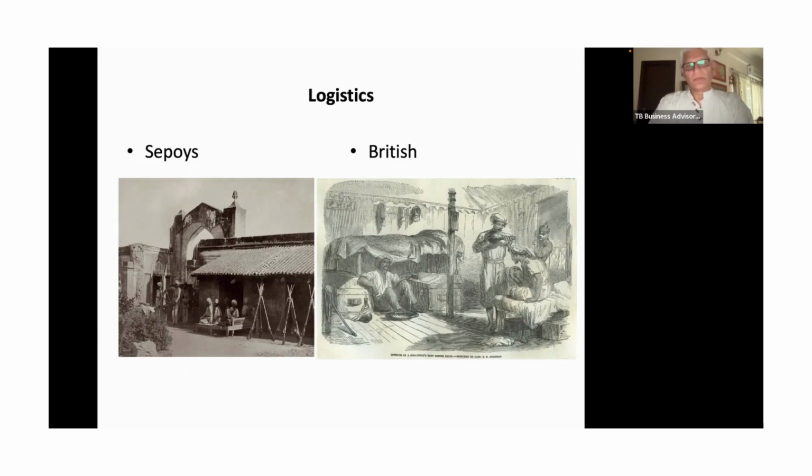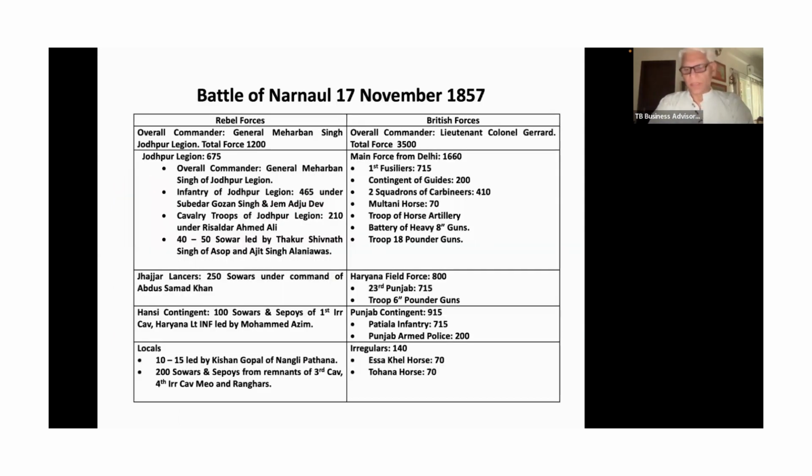However, over a period of time, the balance of forces had turned irrevocably in favor of the British, and by about 20th September, Delhi had become a lost cause, and the rebels had left for their respective areas. By middle of October, the British were able to bring Delhi and the surrounding areas under their control.